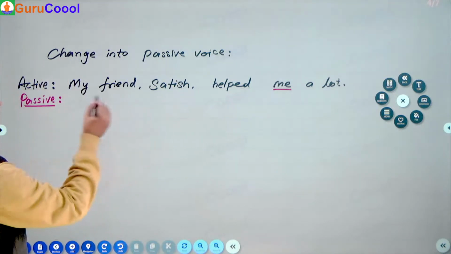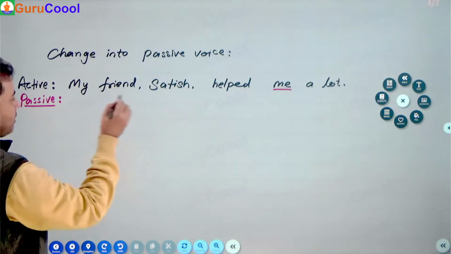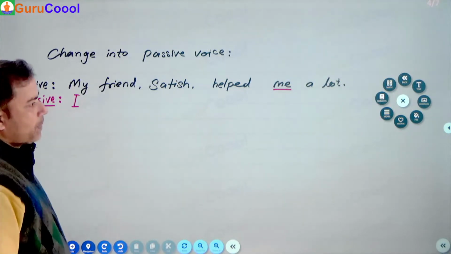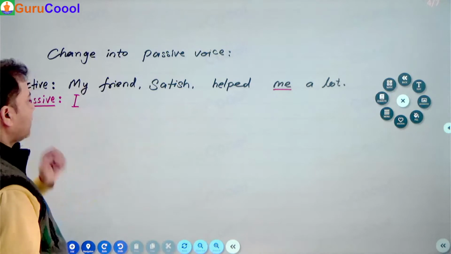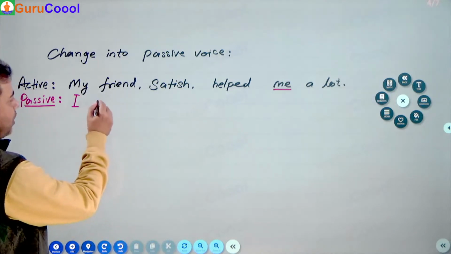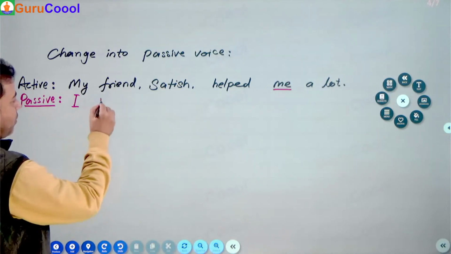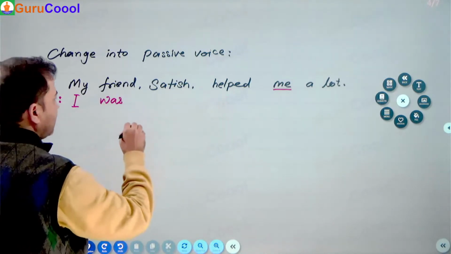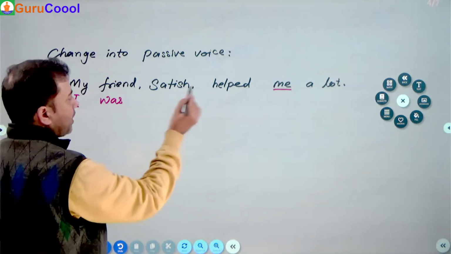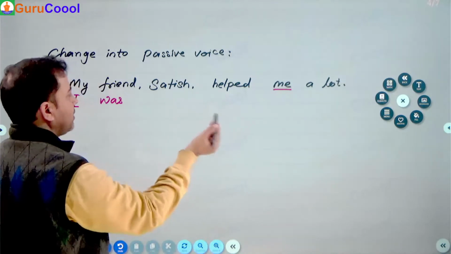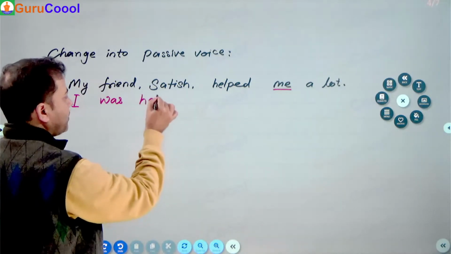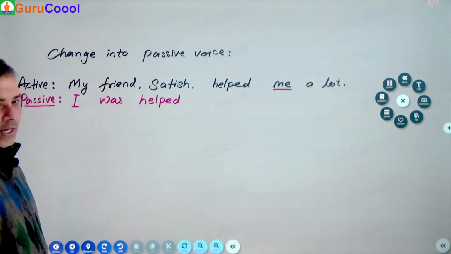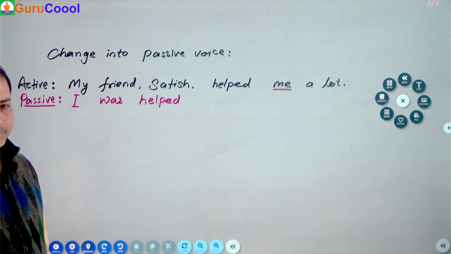And if we write the word me here, I'll write it as I, not me. You have to change it like this. I was helped. I should be followed by was. Then V3 of this verb remains the same. Helped is V2 and V3 both. I was helped. I was helped a lot.